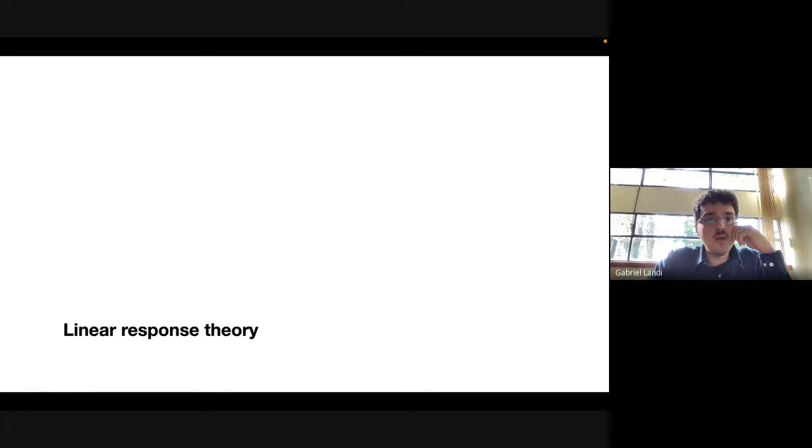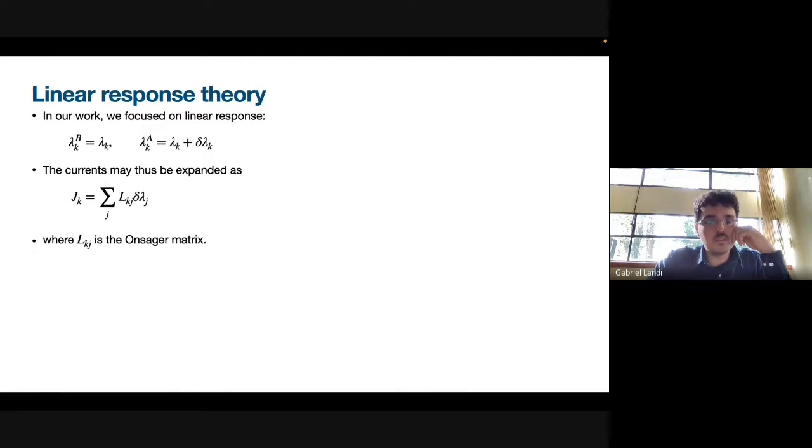Okay, and now we're going to do linear response. So we're going to assume that system B has a set of affinities that I'm just going to call lambda, and system A has a set of affinities which are just a little bit off, so lambda plus delta lambda. And therefore, we can expand the currents just like we would do in Onsager theory as a series of coefficients, numbers, L_KJ times the gradients.